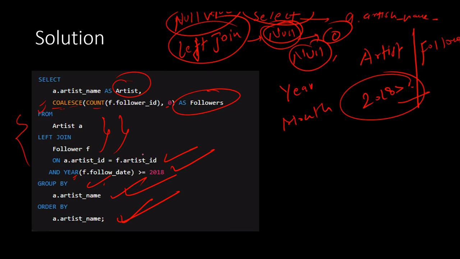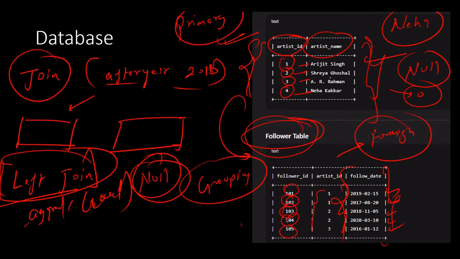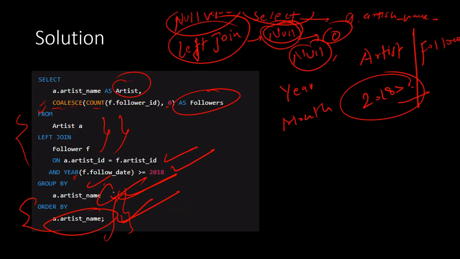And you can order by artist name, so you can use them as well. Anything whatever you want to do, because when we join the both tables, there will be multiple rows, we need to count them as one. That's why we are doing the grouping here, and obviously we are using the aggregate count here.